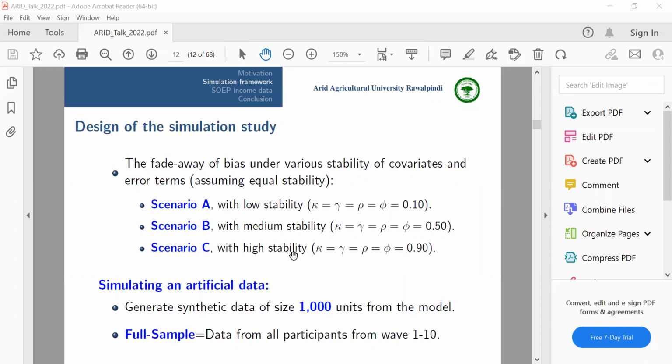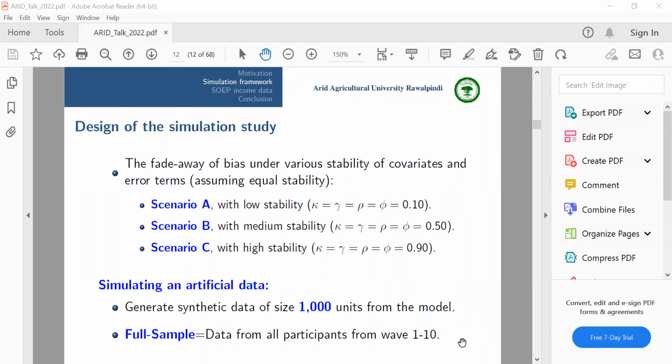So we generate artificial data from the regression model, and then we call it the full sample data from all the participants. We restrict our analysis to 10 panel waves. Usually panel waves between 5 and 10 are of reasonable size.